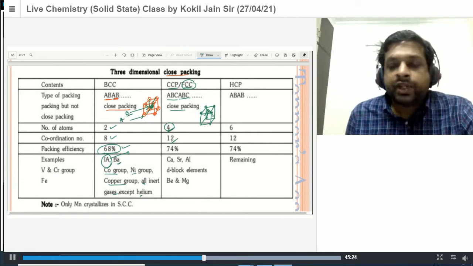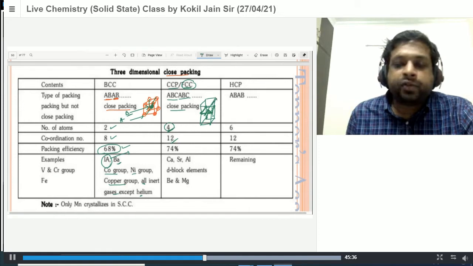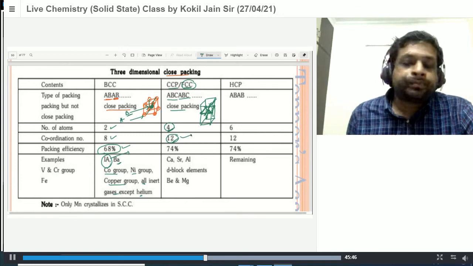These four at the corner sides are nearest neighbors, and above, similarly, there will be another unit cell, which will also have those face centers. From those face centers also this atom is going to be at the same distance. Effectively, you are going to see coordination number as 12 here.